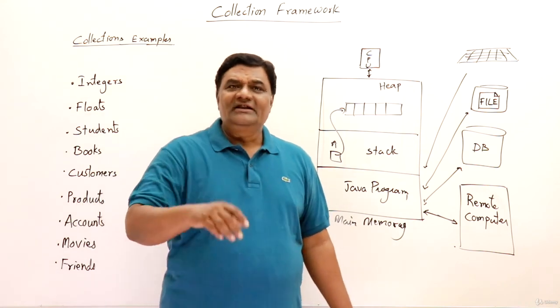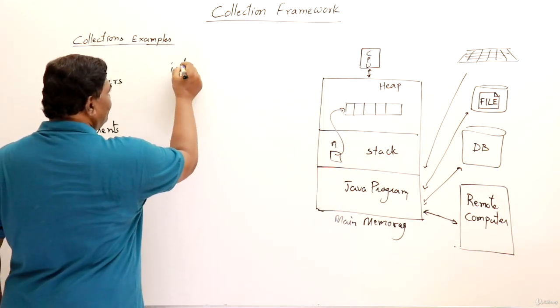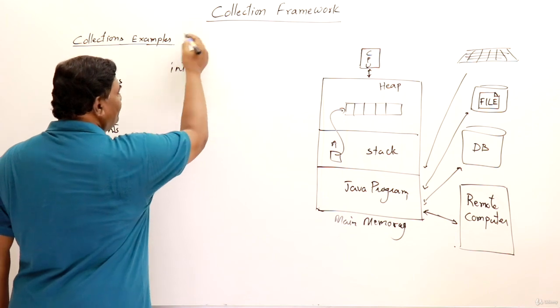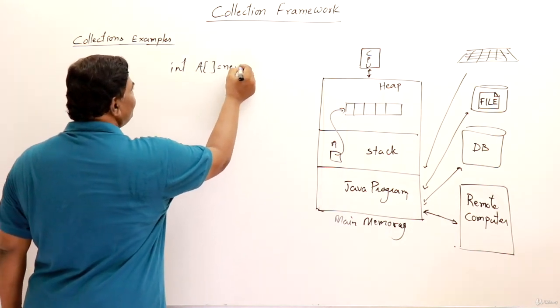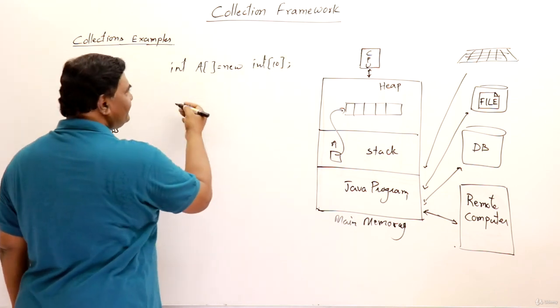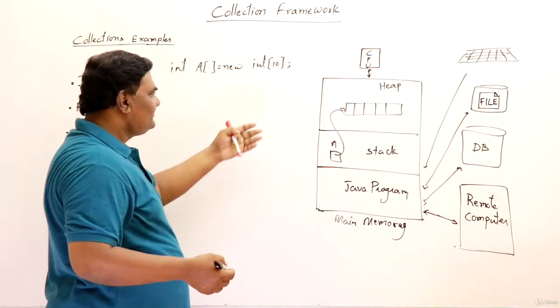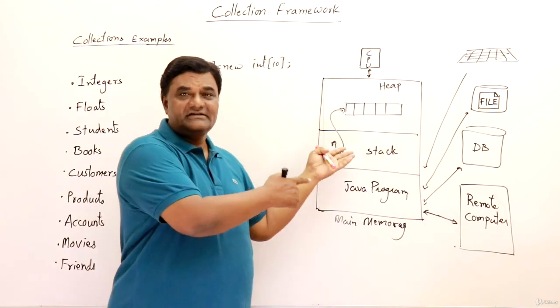So for example, you can simply create an array of integers in your Java program. In any main method, you can simply have an array like this for integers, right? I want a size of 10 or 20, whatever it is. So I can have an array of integers and I can store integers. If I am getting the integers from sources, I can keep them there.